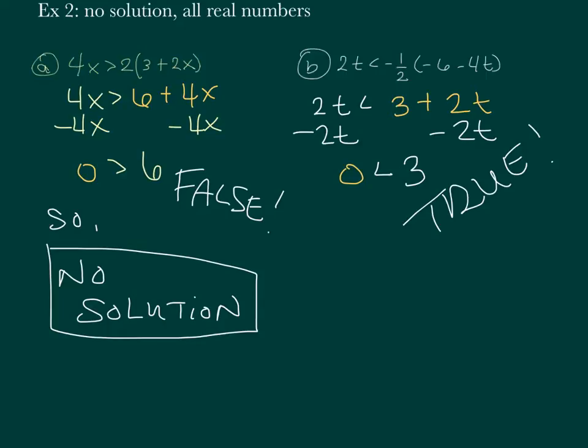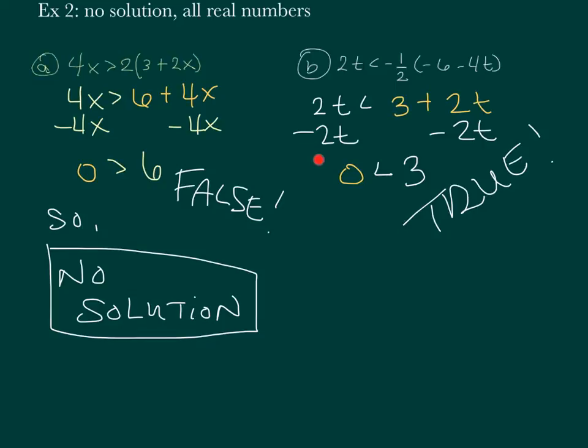All right, so again, I distributed this negative 1/2 into the 6 and the 4, remembering that multiplying by 1/2 is the same as dividing by 2, so negative 6 divided by negative 2 is positive 3, 4 divided by 2 is 2. Now, in order to cancel this 2t on this side, I'm subtracting on both sides of the sign, and that leaves me with 0 on the left and 3 on the right.